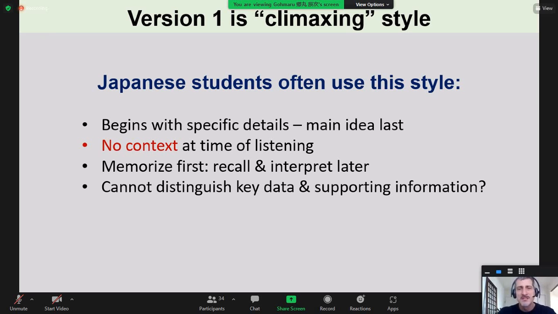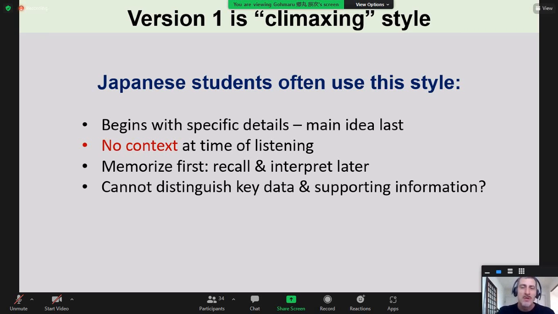But we will still have key information and ideas that we need the audience to focus their attention on, think about, remember, maybe take notes about. And there will also be some supporting information, which is necessary for comprehension, but the audience doesn't need to use their mental energy to think about or remember.